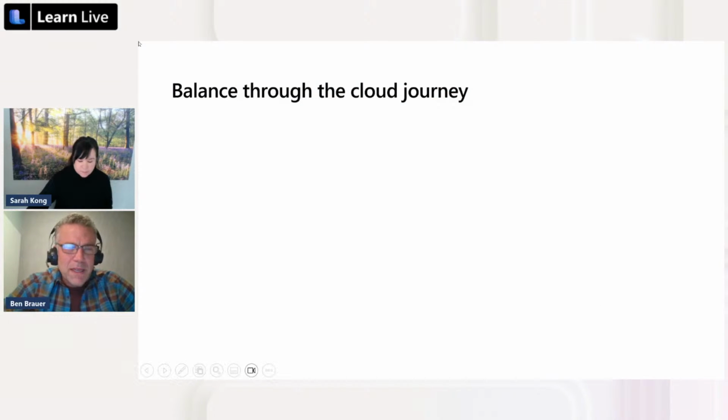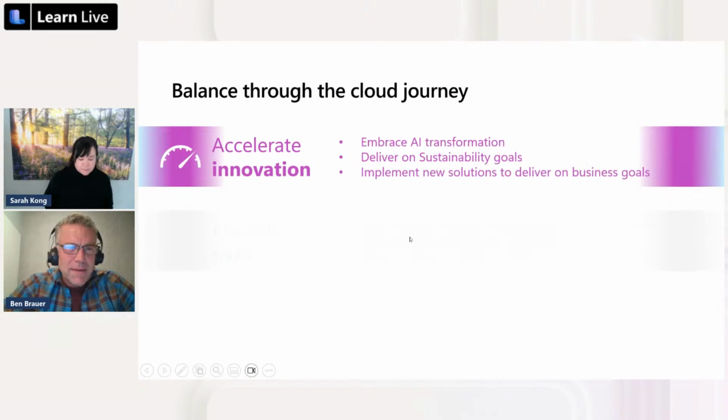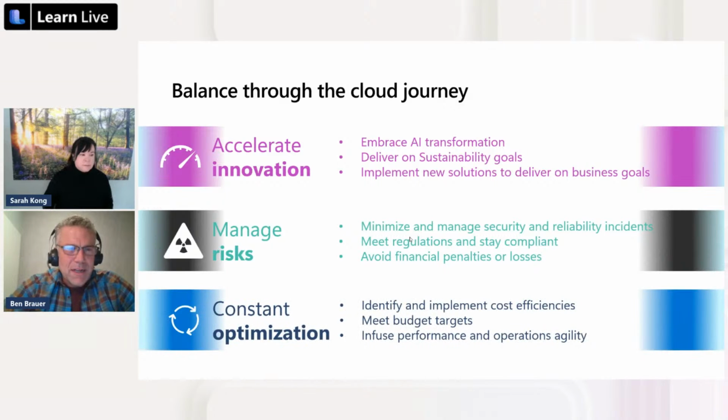So one of the things we describe is accelerating innovation. Everyone wants to embrace the AI transformation. Not everyone, but most people do. A lot of people want to learn about it. A lot of people have sustainability goals. That's become something really big in many countries, especially in Europe, where there are sustainability goals being promulgated by various agencies in their countries.